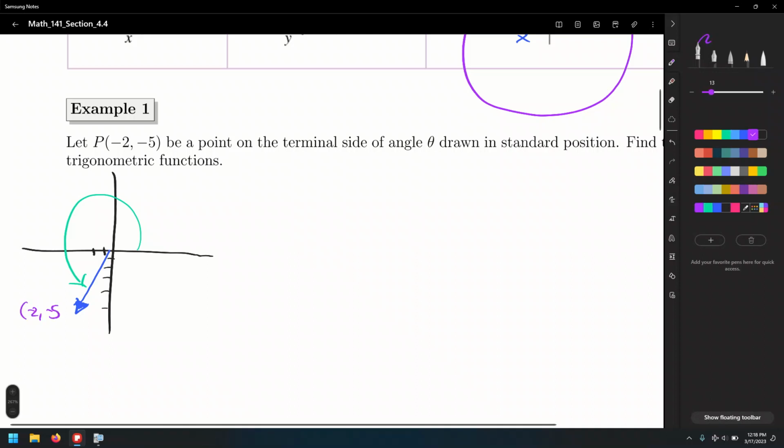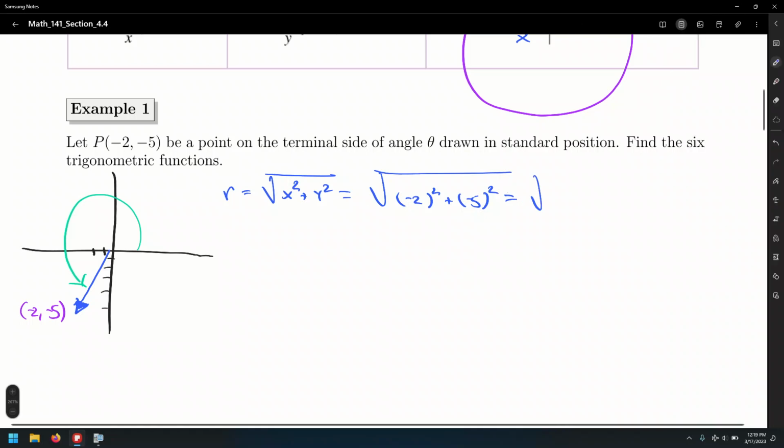(-2, -5). So we need to know r, and to get r, that's the square root of x squared plus y squared. And the square root of (-2) squared plus (-5) squared equals the square root of 4 plus 25, which is the square root of 29.